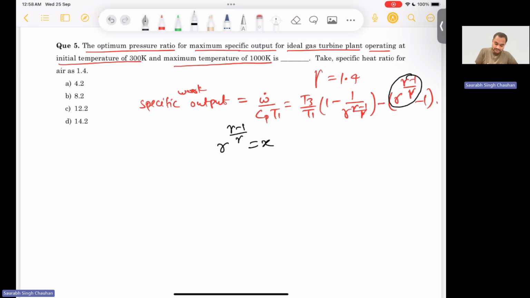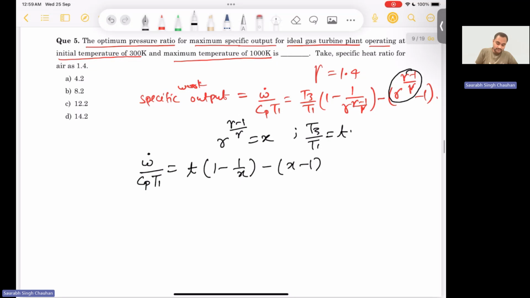So you will have the specific output equal to, and let us write T3 by T1 is equal to small t. So you'll have t times 1 minus 1 by x, minus x minus 1.